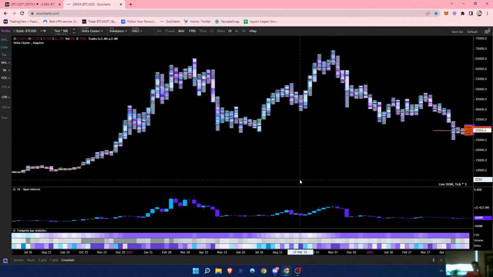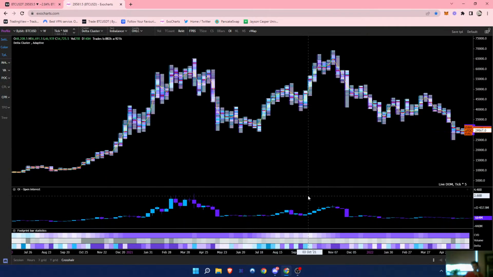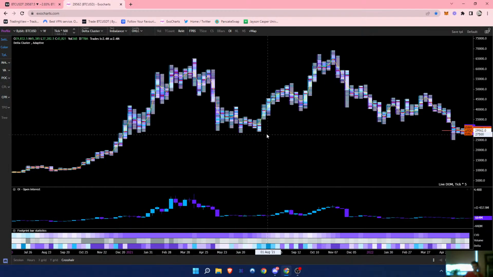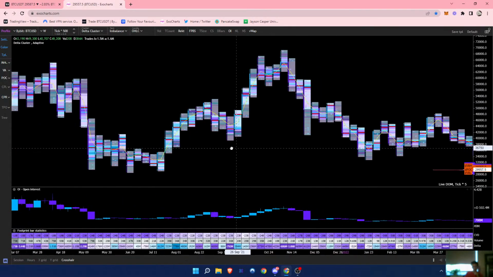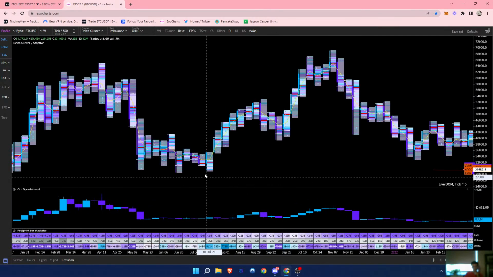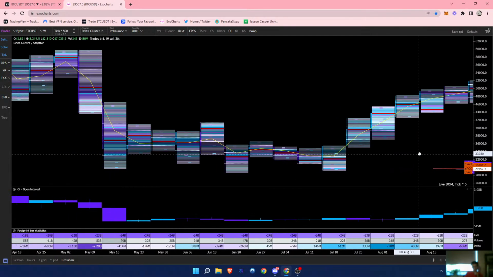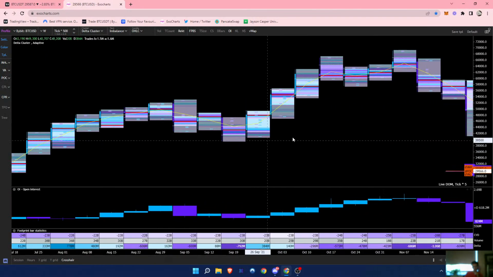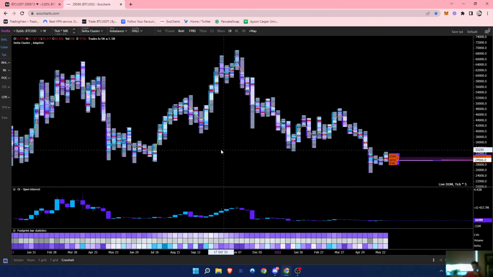And this move up here was again low OI, especially here. Generally you want to see strong increases in OI as we move up. But yeah, just looking here, not too strong of a trend.